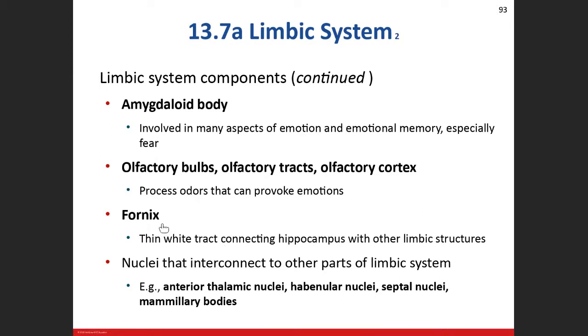And the fornix is the thin white tract connecting the hippocampus and the other parts of the limbic system. And we have other parts which interconnect the other parts of our limbic system, like the habenular nuclei, mammillary body, septal nuclei, and anterior thalamic nuclei.